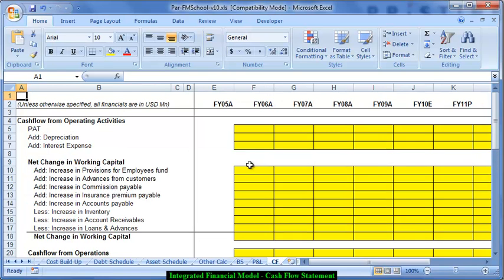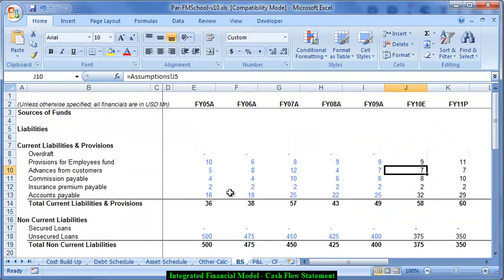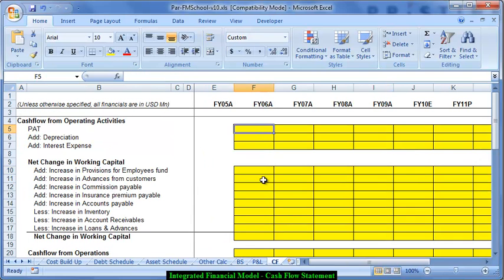If there is an increase in liability, that's like a cash inflow. If there is a decrease in liability, that's like a cash outflow. Is that okay? Similarly for assets, right? If you are creating the cash flow statement for the first time, I suggest that you simply link it to the balance sheet.